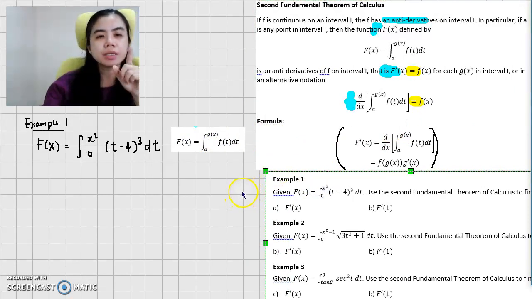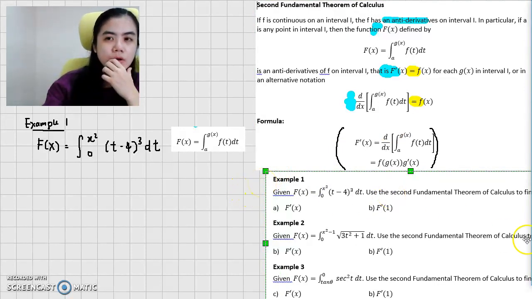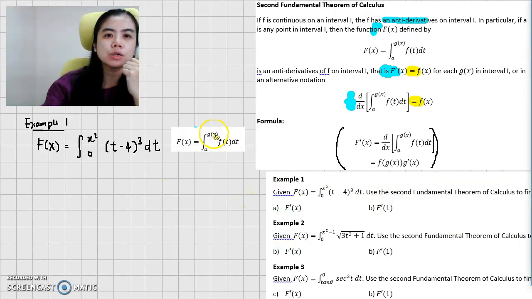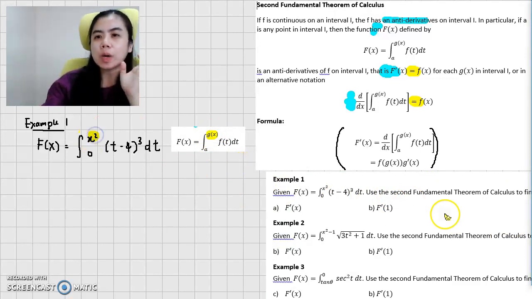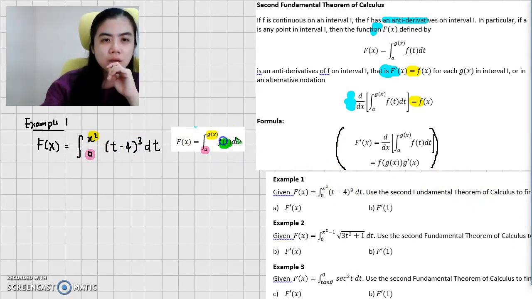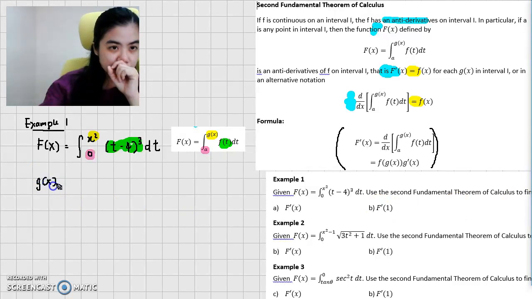If you compare this with your theorem, we can see very clearly what our g of x is, what our a is, and what our function f is. So what you have to do is first define your function g of x.